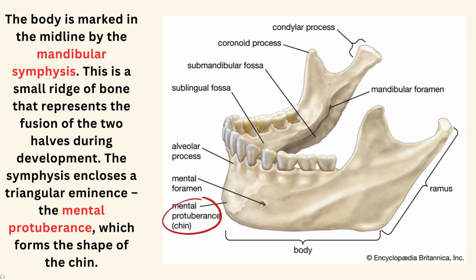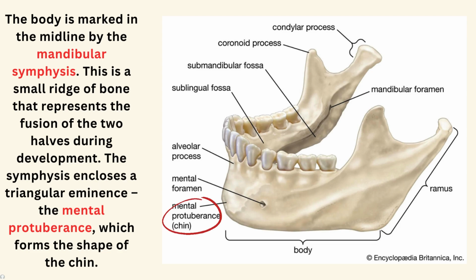What is the mandibular symphysis? It is a small ridge of bone that represents the fusion of the two halves during development. The symphysis encloses a triangular eminence, which is the mental protuberance, which forms the shape of the chin eventually.